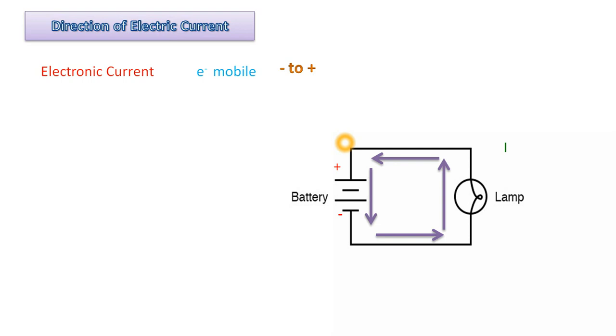Now, there is another convention which is followed, that is conventional current. This is the direction of flow of current as per the convention. Who started this convention? Somewhere around the 1750s, there was a scientist named Ben Franklin. He performed quite a few experiments on static as well as current electricity, and he considered positive charges to be the charge carriers.